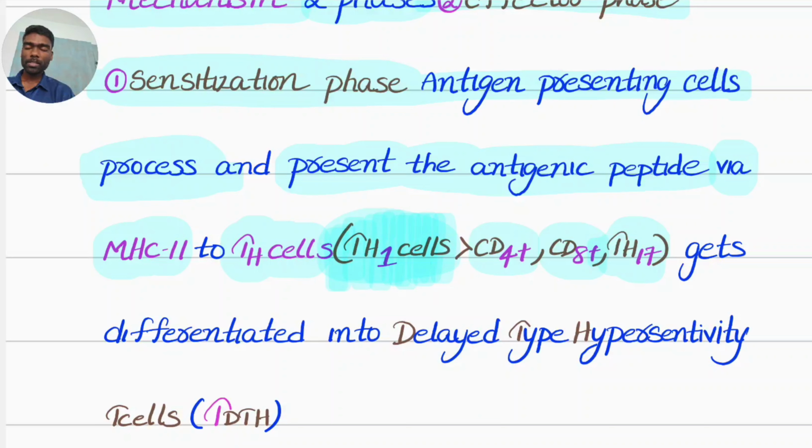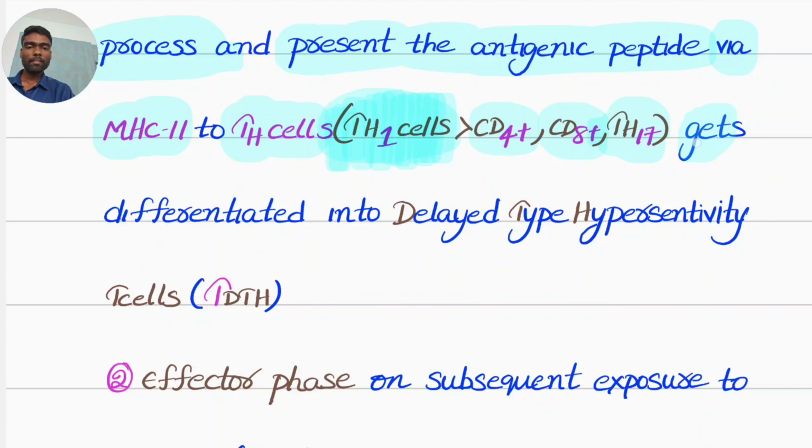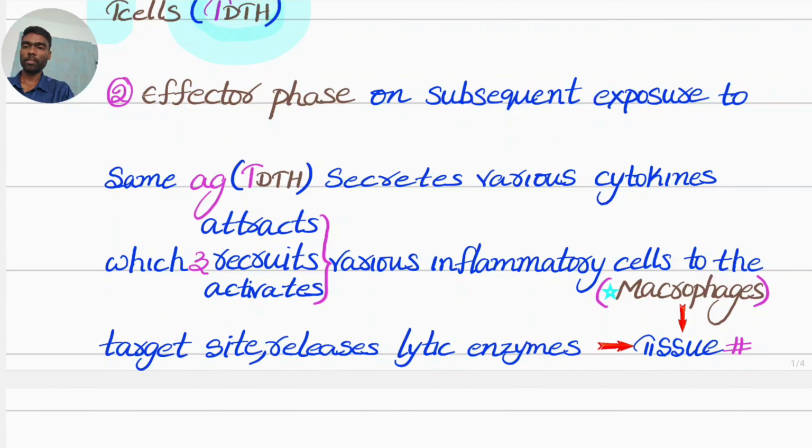Whereas in type 1 hypersensitivity it is the T helper 2 cell, here it is the T helper 1 cell, which gets differentiated into delayed type hypersensitivity T cell. Now our effector cell, the delayed type T helper cell, has arrived. It will be waiting for subsequent antigen exposure in the effector phase.